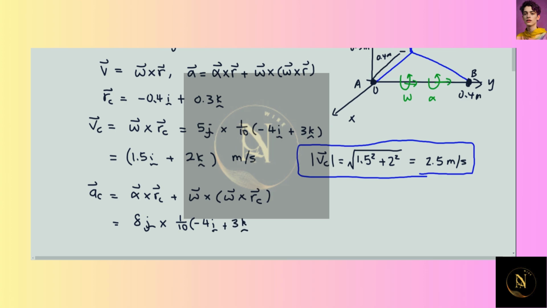And then notice that this is v, so we put the omega, which is 5j, cross with 1.5i plus 2k.